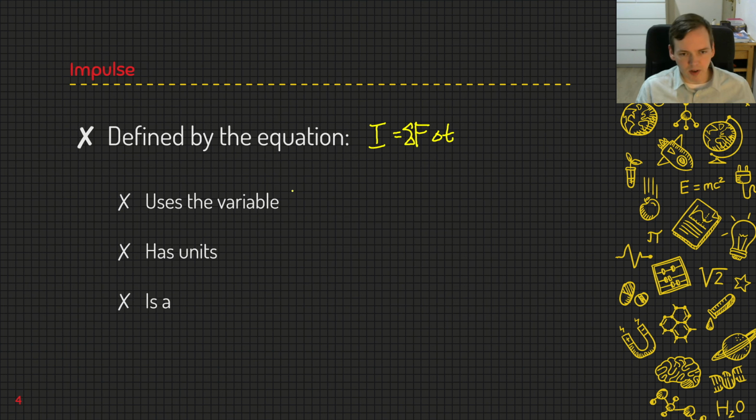It uses the variable I sometimes, or sometimes it doesn't have a variable. If we look at that, it's going to have units of Newton seconds. And this is also a vector, because delta t is a scalar, but net force is a vector, so this is also a vector quantity.